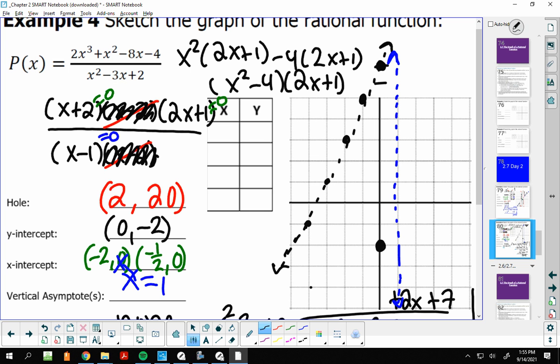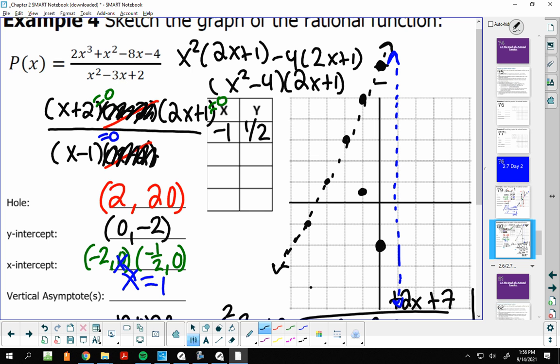So over here, let's plug in, I don't know, we can plug in a -1 and maybe a -2. Let's do -1 and then see if we need to plug in -2. So when we plug in -1, we get 1 times -1 is -1. -1 over -2 is +1/2.